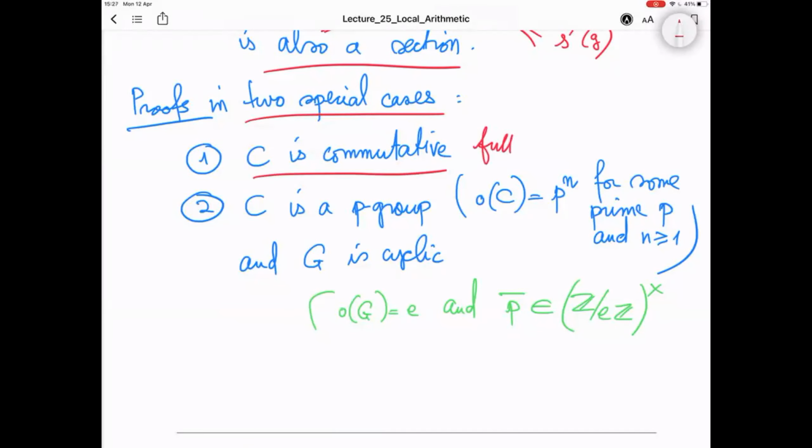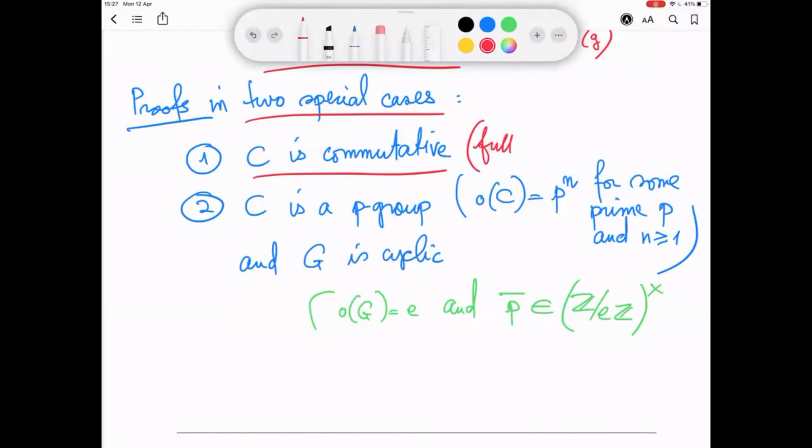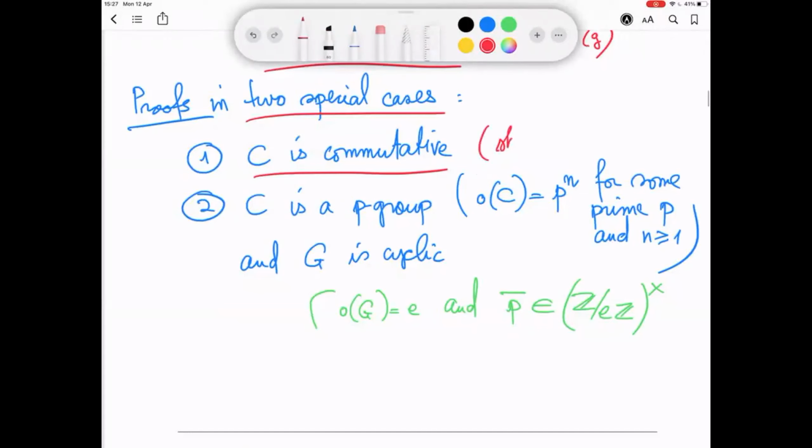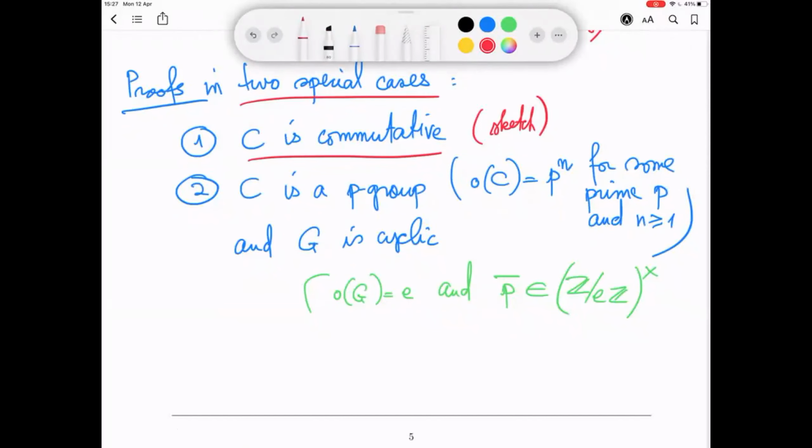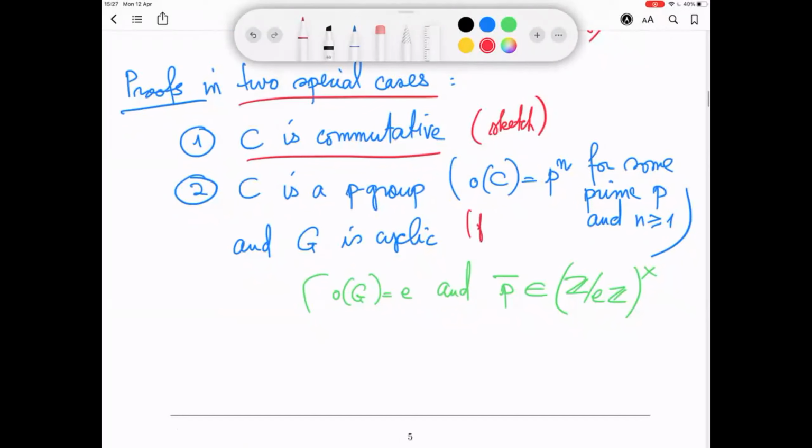This we will prove, no, not fully. So this we will give a sketch because it relies upon some theory, and yeah, this case we will give a full proof.